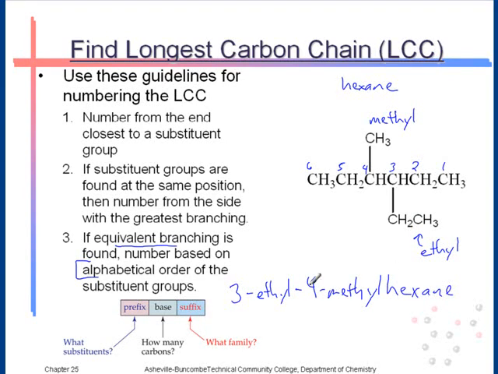We see our hyphen between numbers and letters on both sides and in front. Alphabetical order is showing up just like before. And again, in this example, with equivalent branching at the number 3 position in from either side, we have to use alphabetical order to establish the numbering system.